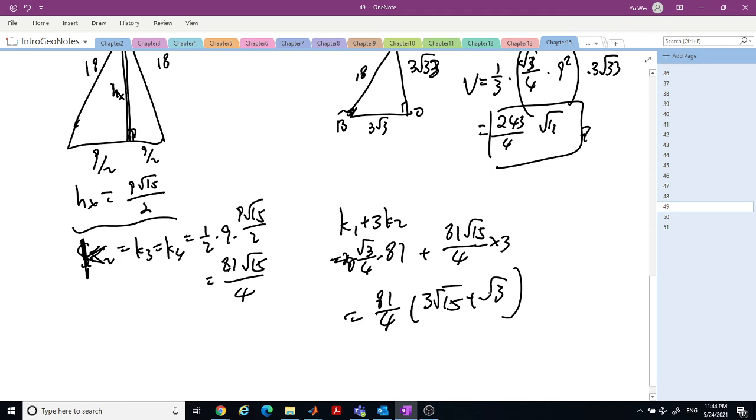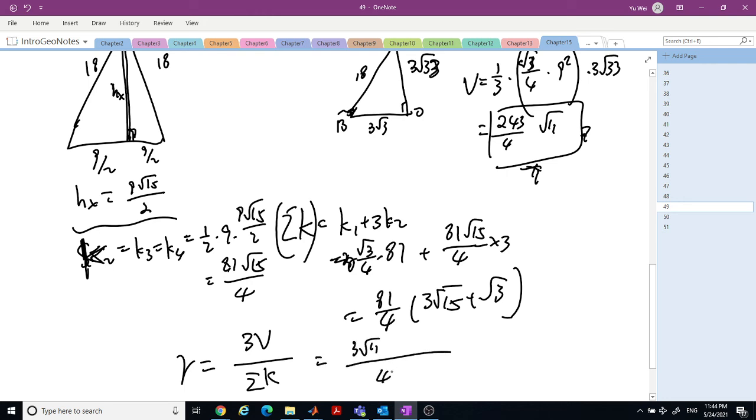After you have this and the volume, this is the volume and this is the sum of the K, sigma K. Then the radius of the inscribed sphere will be 3V over sigma K. Finally, you get 3 root 11 over 4, then 3 root 15 minus root 3.